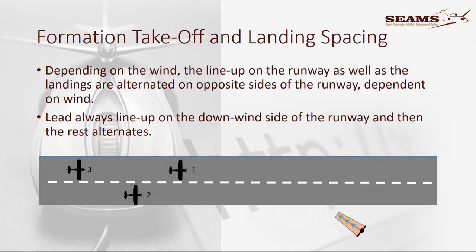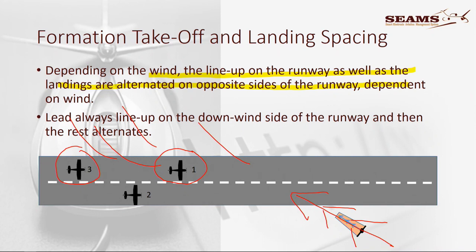Depending on the wind, the lineup on the runway, as well as the landings, are alternated. All right, so what we do is, note here the wind is coming from this direction, okay? It means that the slipstream is blowing that way. Okay, so lead is in the downwind so that his slipstream slips away, and number 3 is then rear of him.